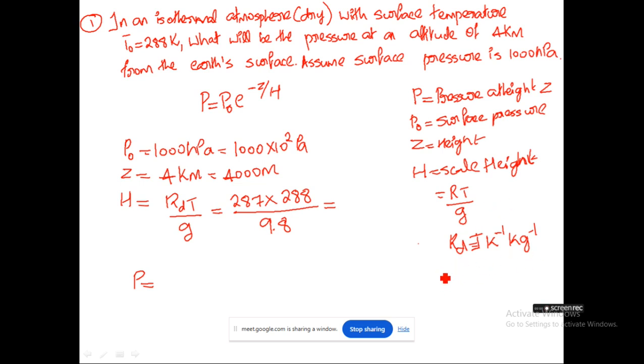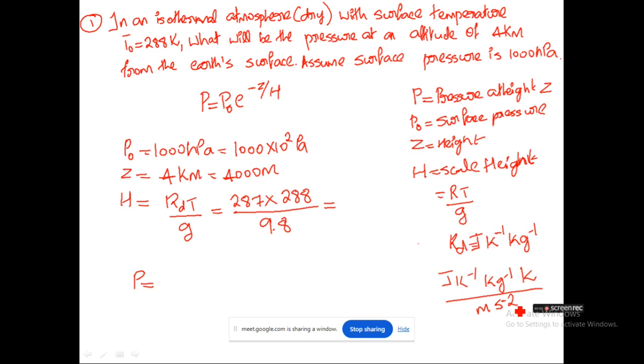So joule Kelvin inverse kilogram inverse into Kelvin by meter second raised to minus 2, which is g.